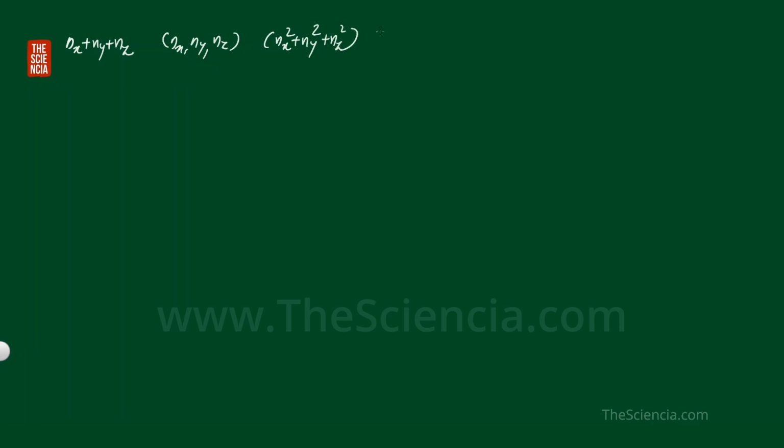Then, in increasing order of energy, the energy E is equal to nx square plus ny square plus nz square times E, where E is pi square h square by 2m. Then the wave function psi of x, y, z, and the last, degeneracy.